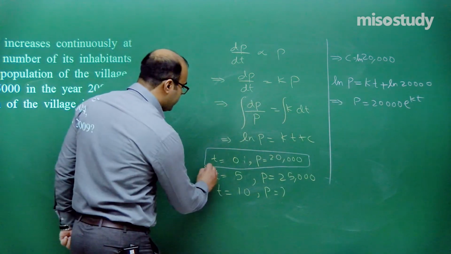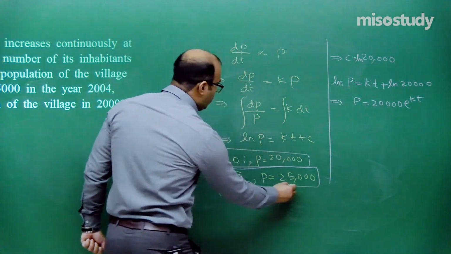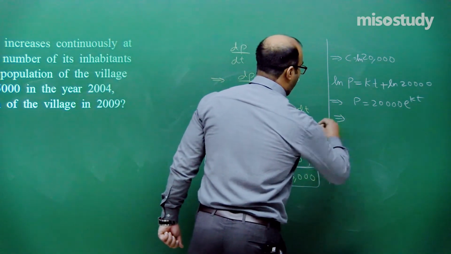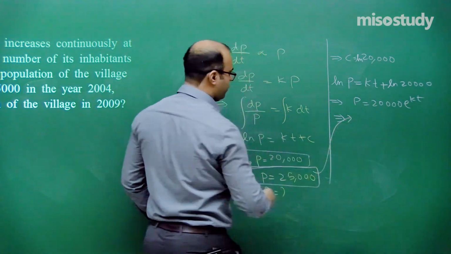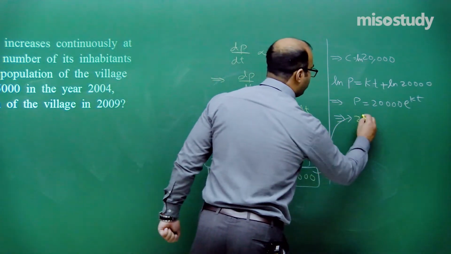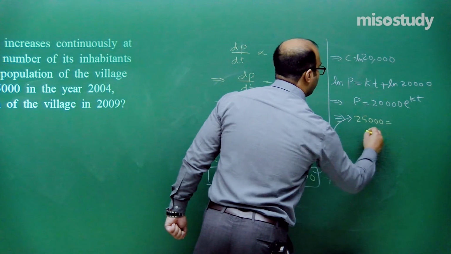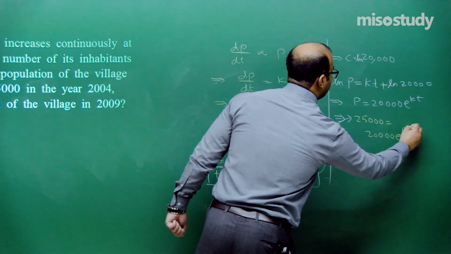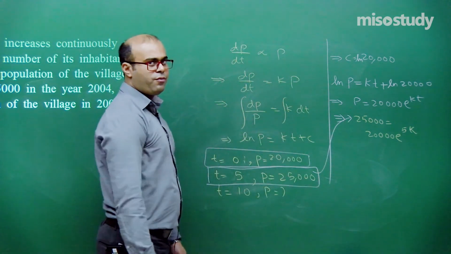Now another condition is given, when t is equal to 5, the population is 25,000. So we will say now, using this here, that P is 25,000 when this is 20,000 multiplied by e to the power 5K. t is 5, after 5 years.